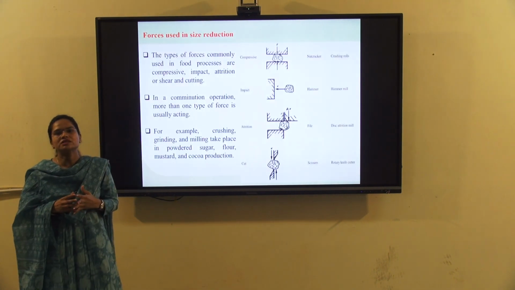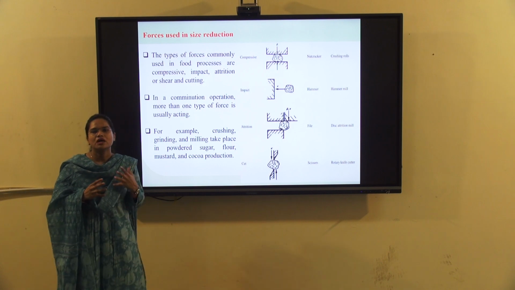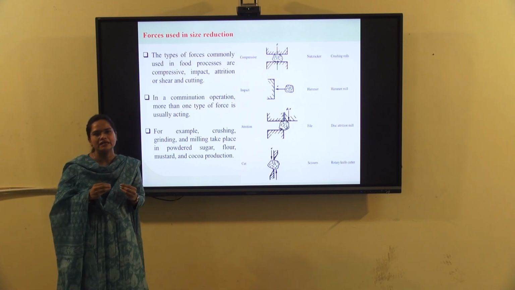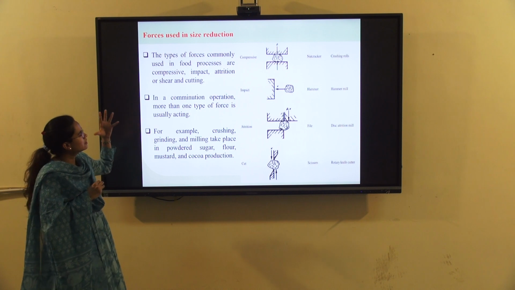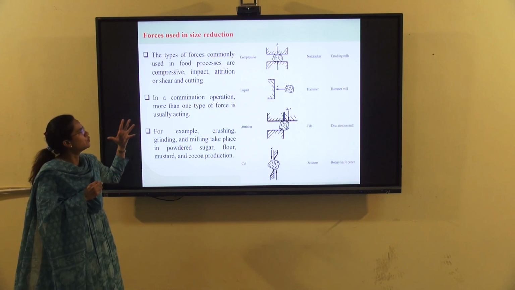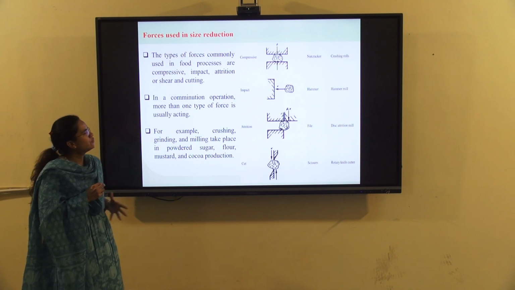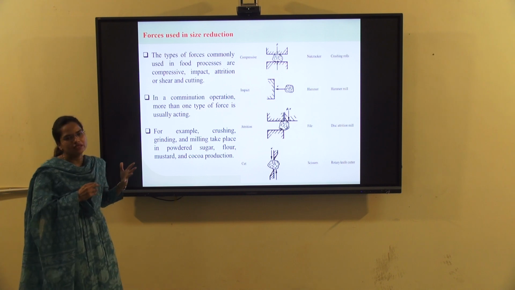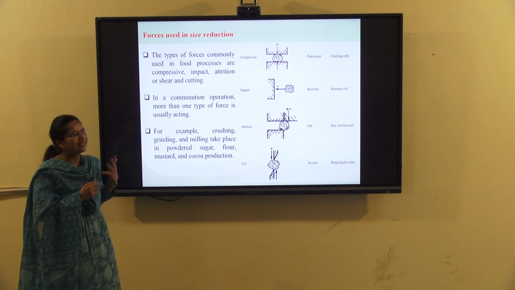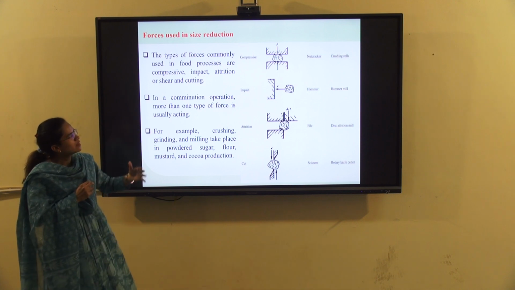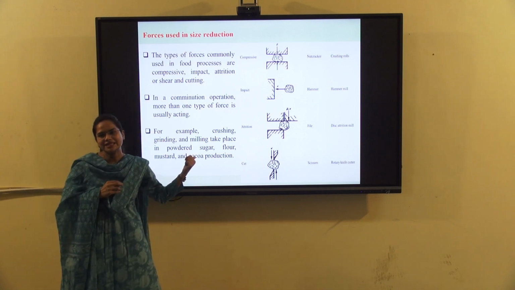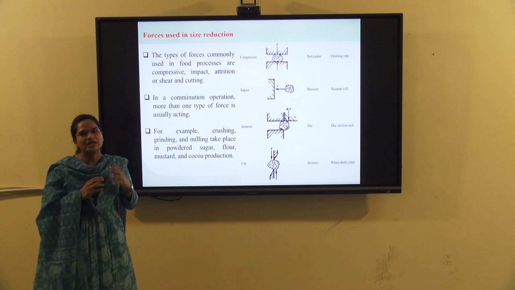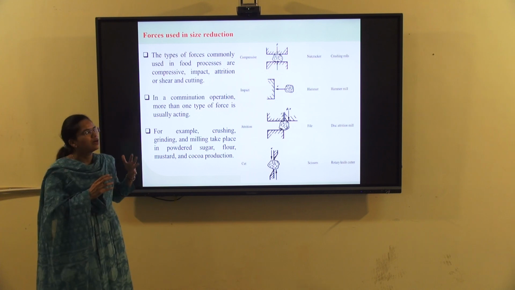What are the different forces used in grinding? Mainly compression force, impact force, attrition or pressing, and cutting force are used in the operation of grinding or milling. Here we are discussing the equipment that use these forces.